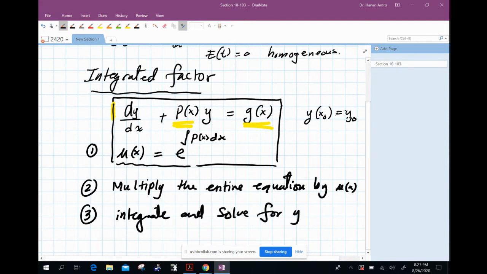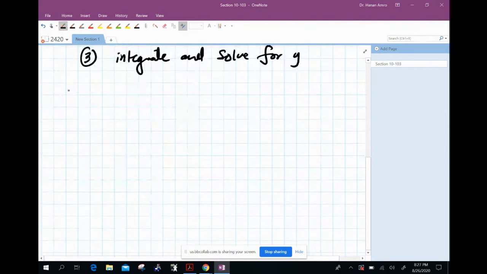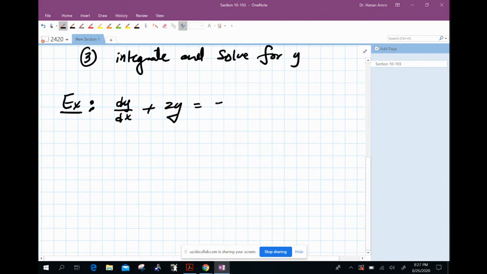Okay, let's see how we can handle the first example. So here's my example 1. Now we have dy over dx plus 2y, and that's equal to e to the negative x. So we are going to start with the problem. We identify the function over here as b, and this as your g.